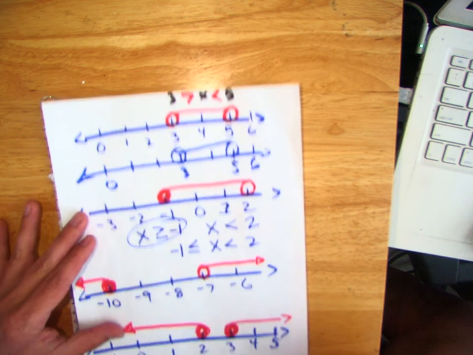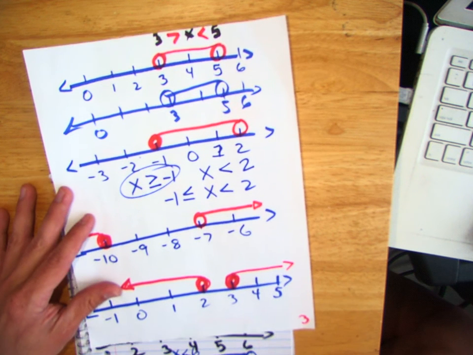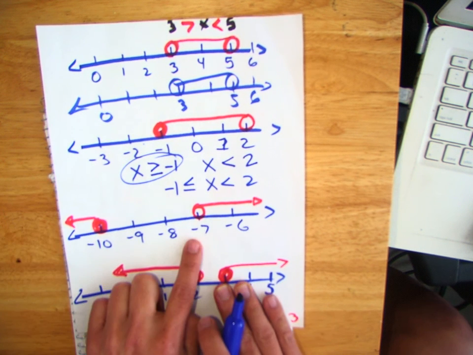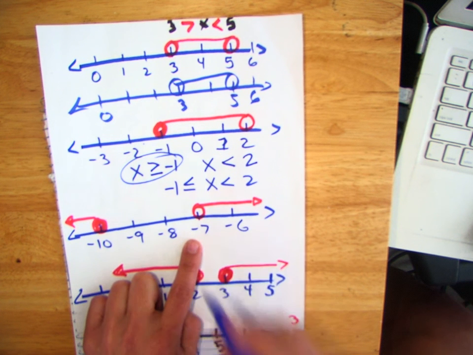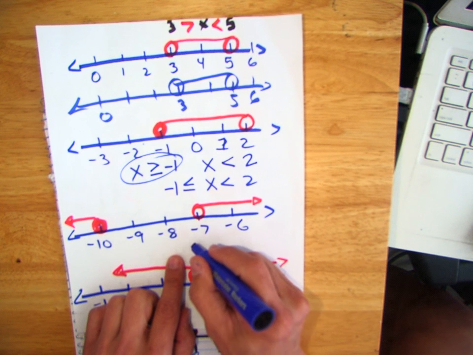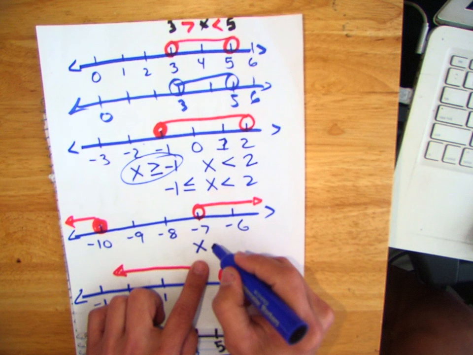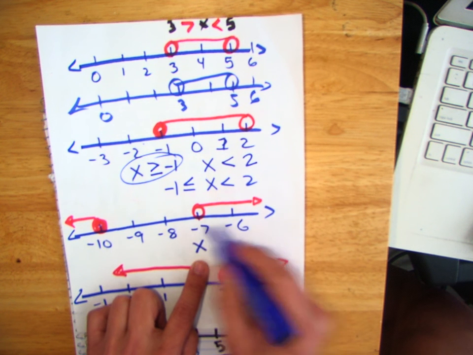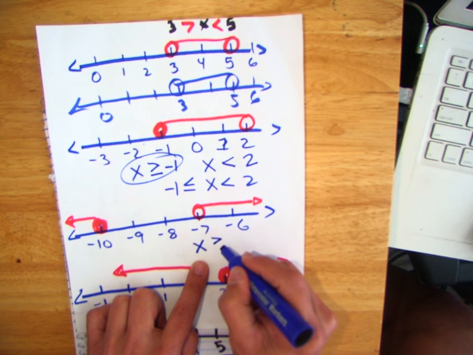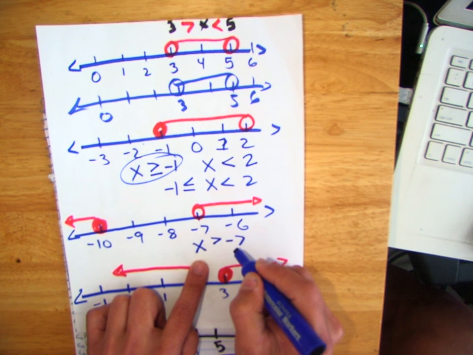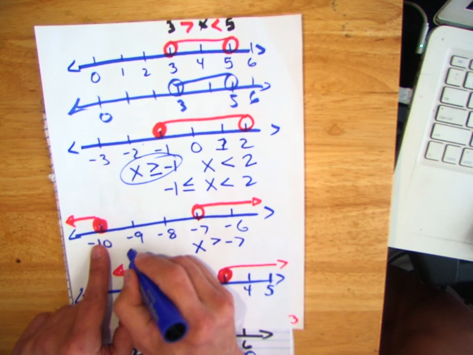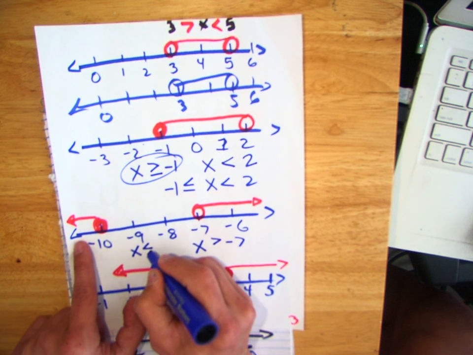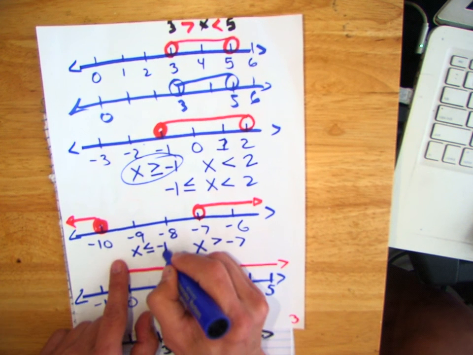Let's do another one. All right? I'm on fire, guys. All right, here we go. So now this one's going to be a little bit different, right? Because this is going to be what? X is what? These numbers are greater than -7, right? And this one is what? X is any number that is less than or equal to -10.